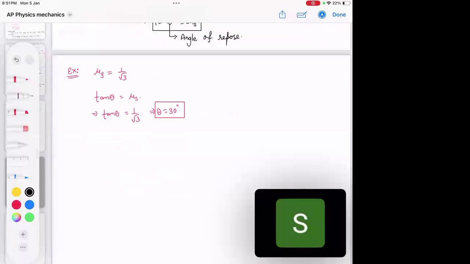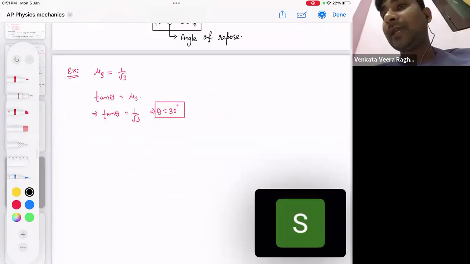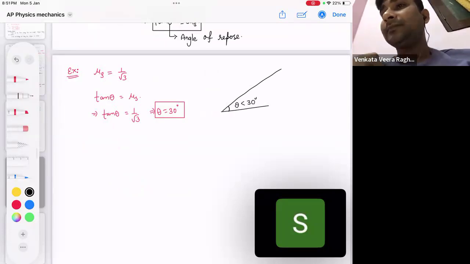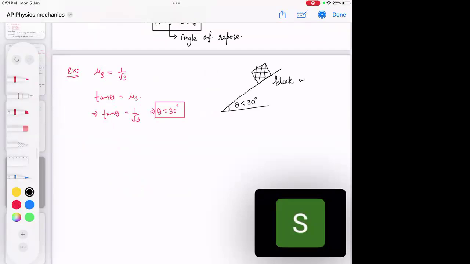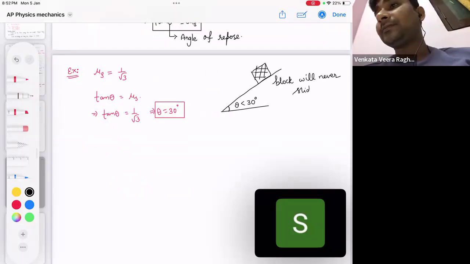So can I say that in this inclined plane, if theta is less than 30 degrees, is this block going to slide? No, sir. Block will never slide.